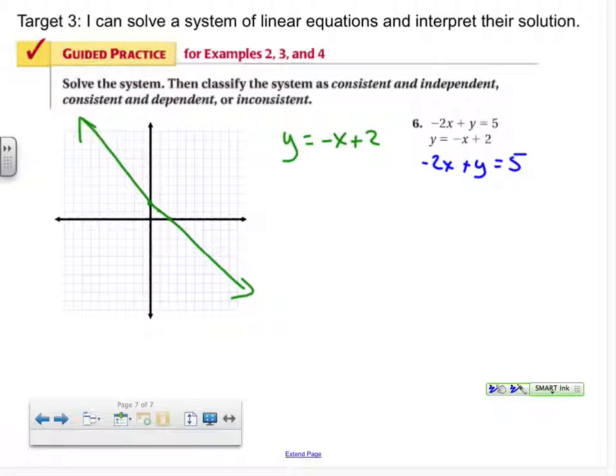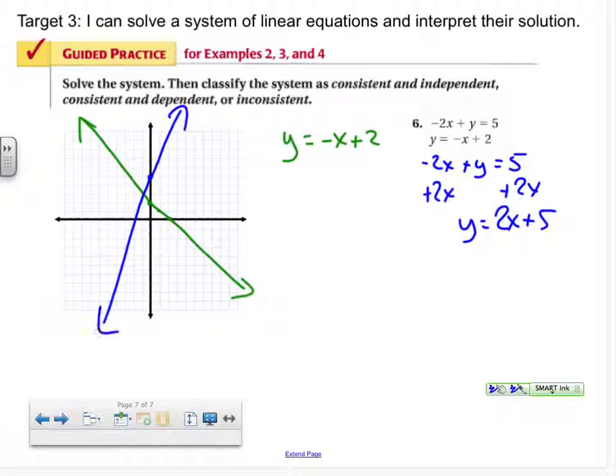Now, I said the other one was easier. This one's not hard. Just because the other one's easier doesn't mean this one's hard. We'll add 2x. Y equals 2x plus 5, a y-intercept of 5. Up 2 over 1, connect and extend. And it appears that these two lines cross at the point negative 1, 3.